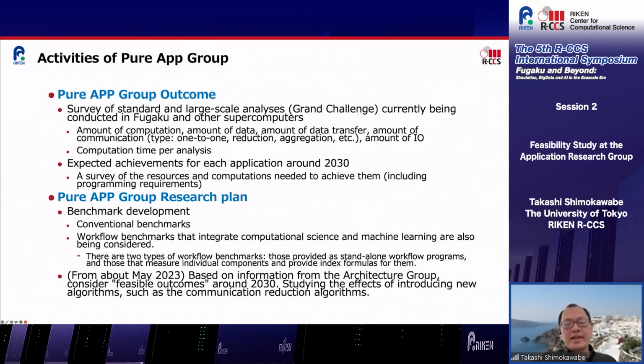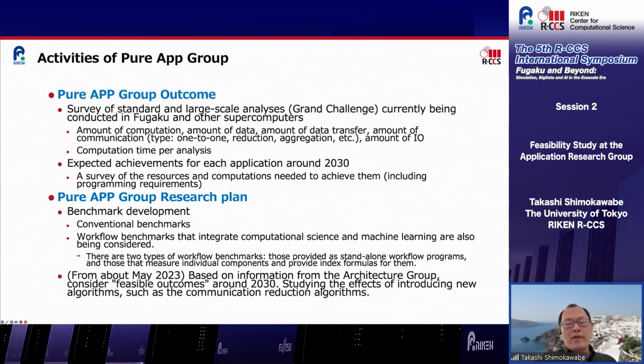And we conducted a survey regarding the expected achievements of each application around 2030, and the resources and the calculations required to achieve them. It includes the requests related to the programming environment.